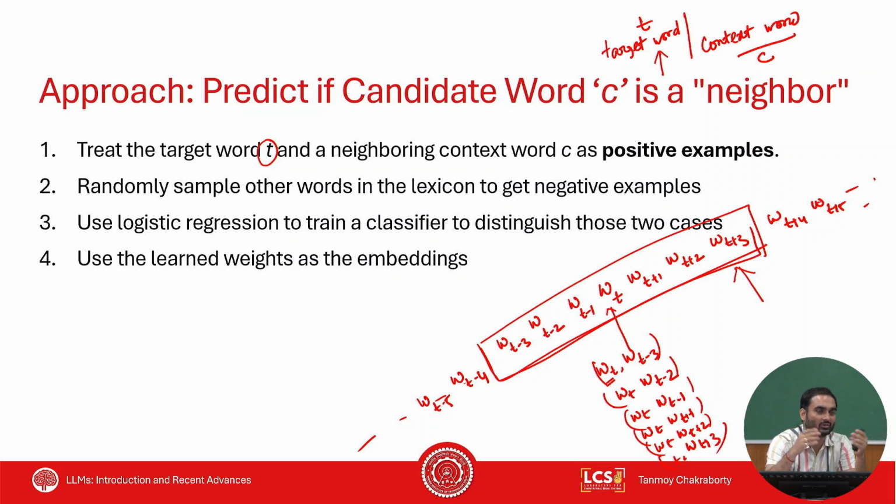Non-context words are those words which are outside of this particular window. So if the size of the document is n, there are n minus how many? 3 plus 3, 6 plus 1, n minus 7 tokens which are non-context words. So I will sample non-context words from the document.